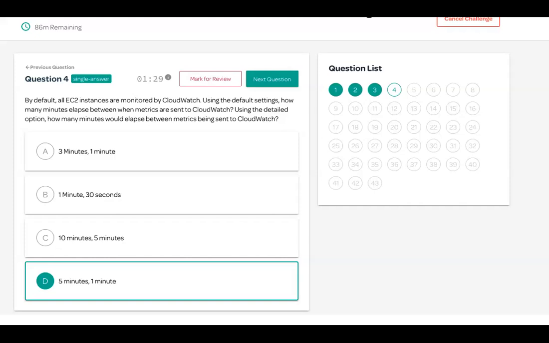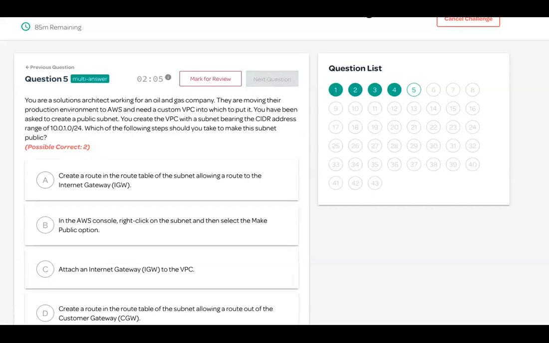AWS works on an event-driven architecture, so each thing happens as part of an event, which is called the event bus or CloudWatch Events. In CloudWatch, the default monitoring frequency is 5 minutes, but if you pay extra money, you can monitor at 1 minute. This question is about that.